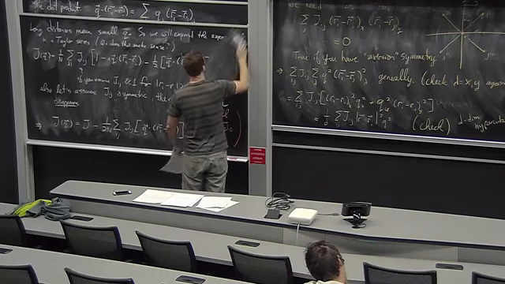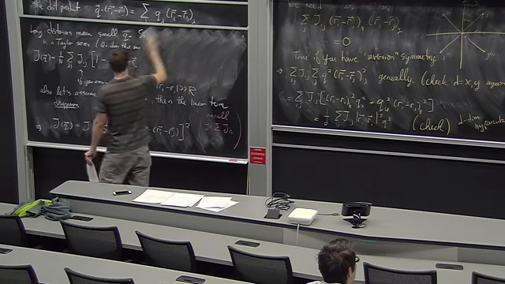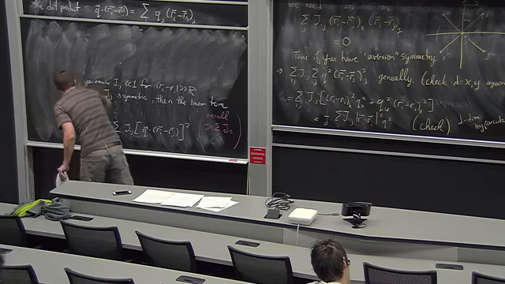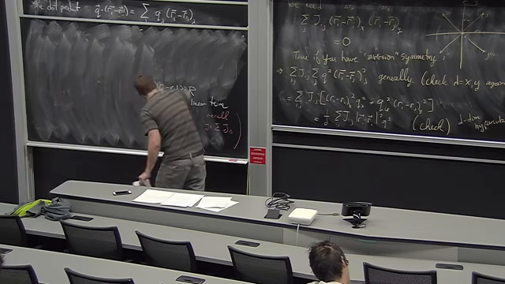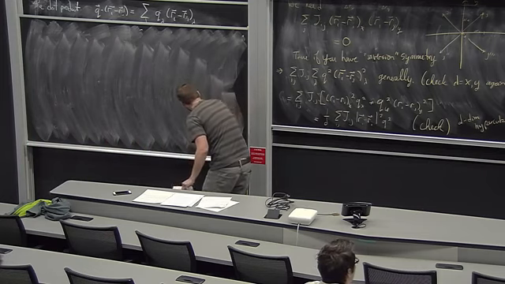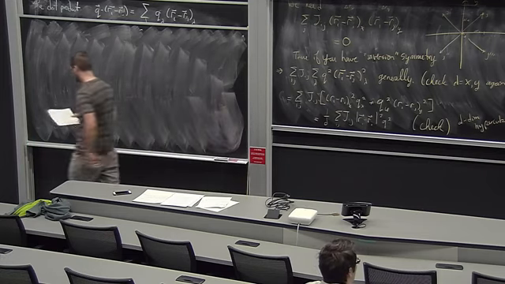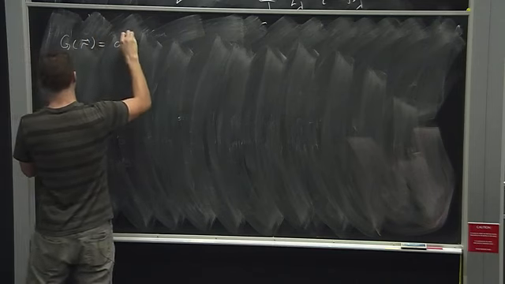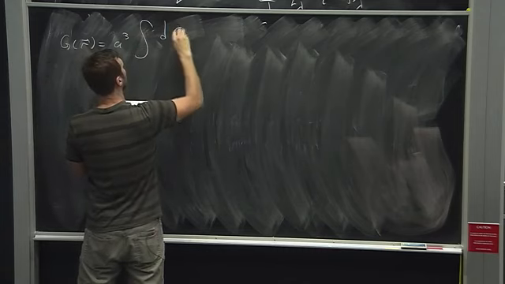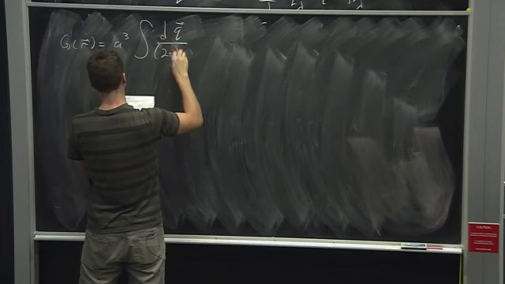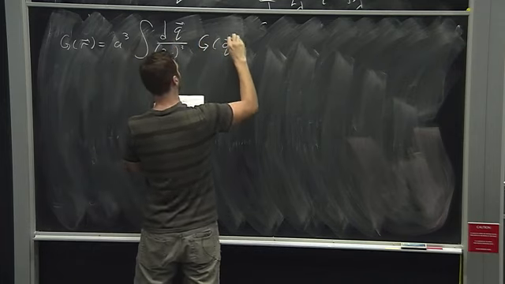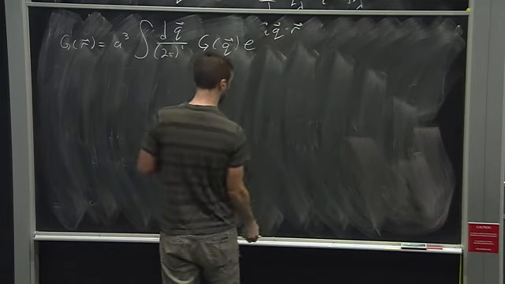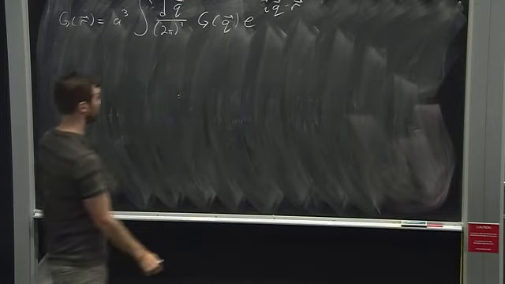So now I'm just going to take the continuum Fourier transform. So G of r, which is the thing I want. Do it in 3D. 1 over 2 pi cubed, integral of G of q, e to the i q dot r. Much nicer in the continuum.